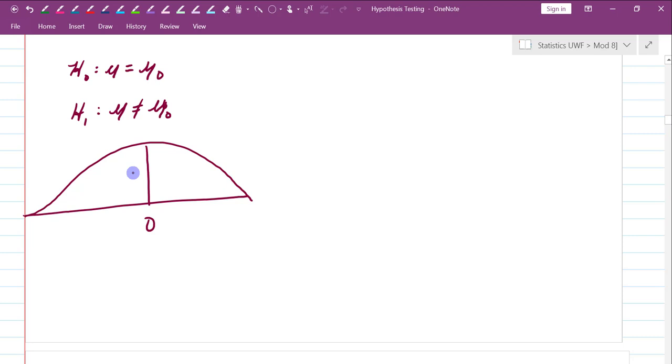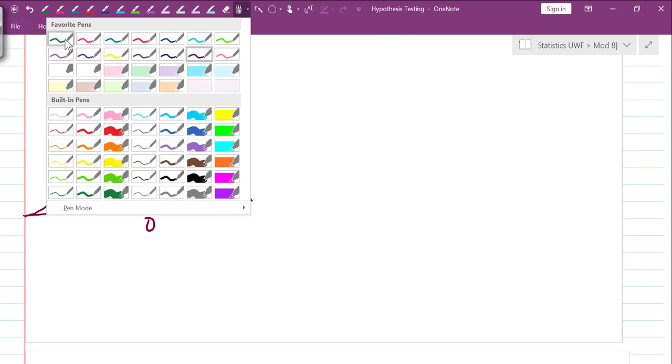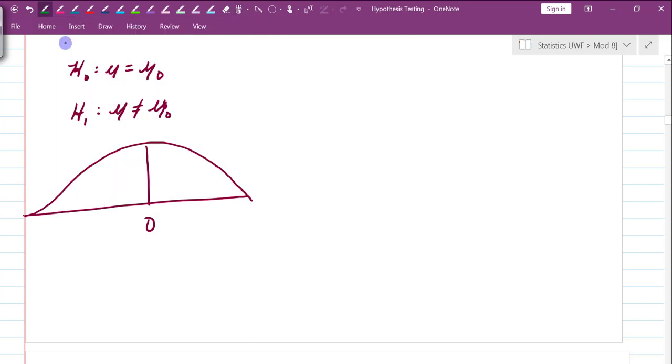And then we have our critical values, which are going to be a negative z star and a positive z star. Okay, and in the very center right here, it's going to be our fail to reject. A lot of my students will put in here do not reject.